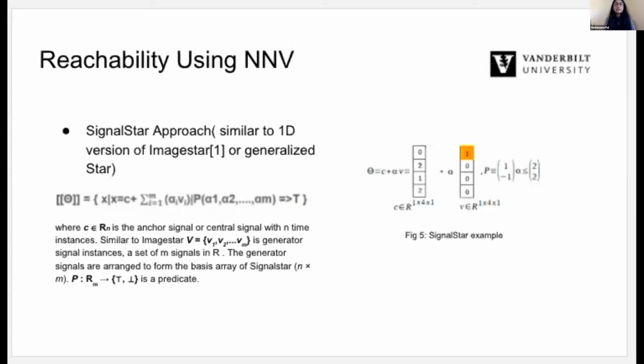Signal Star is a tuple of three variables, C, V, and P, where C is the central signal or the actual signal, V is the generator signal instances, and P creates the predicate. P is the predicate variables, and by predicate variables we mean the bounds that we have for the input nodes or input parameters.